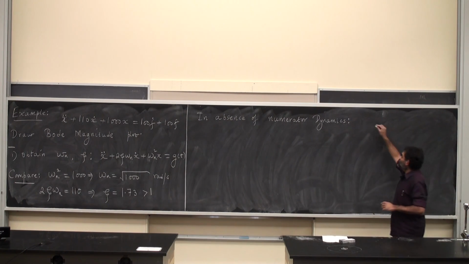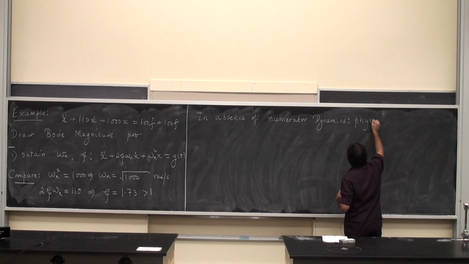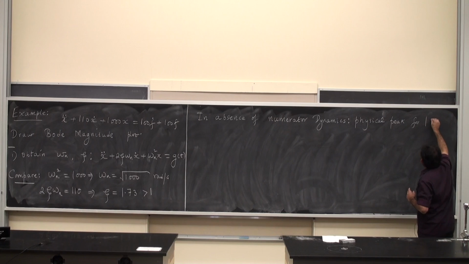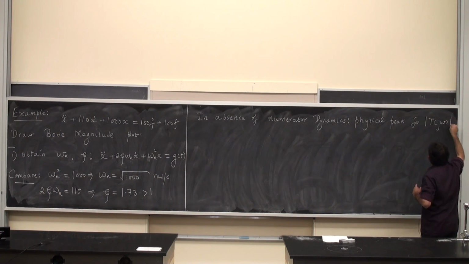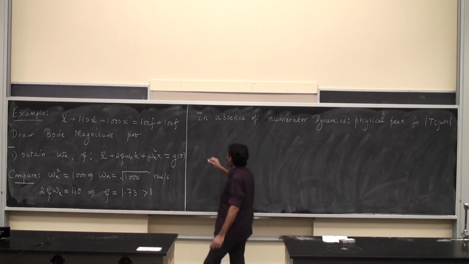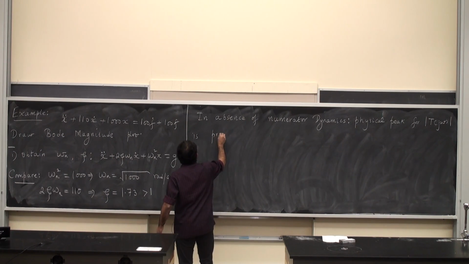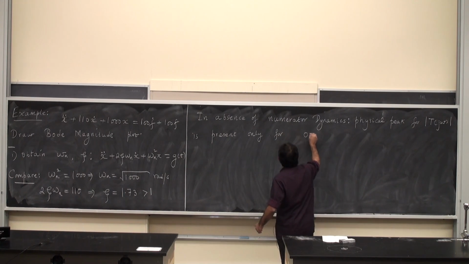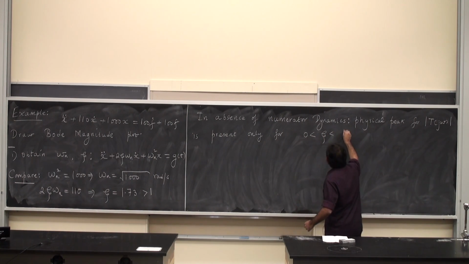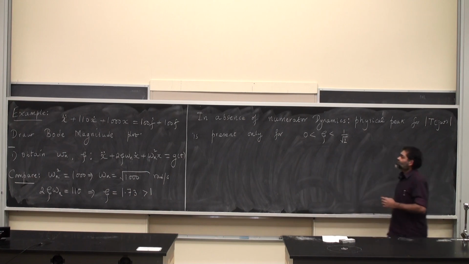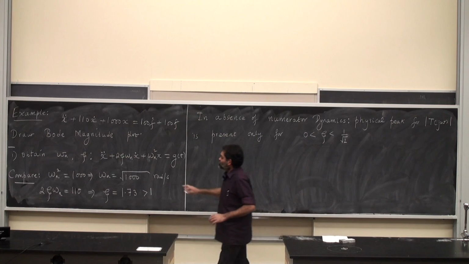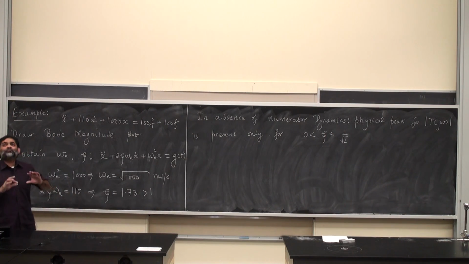only for zeta within this particular range. Physical peak is present for the magnitude of the frequency response function only for zeta within this particular range. Okay, so this is whatever I said in words written here. So obviously for zeta of 1.73 there is no physical peak present in the absence of numerator dynamics, so move on.